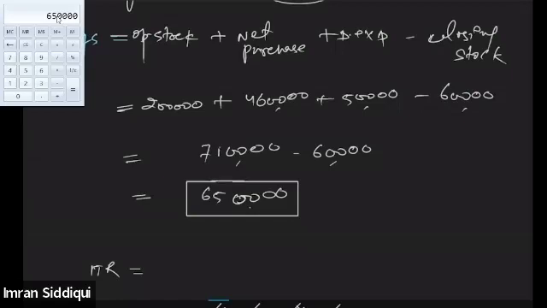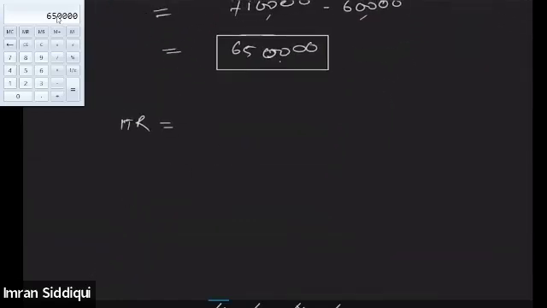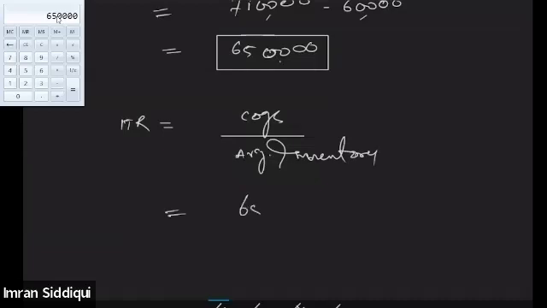Sir, but I don't know. I did 6,60,000, still got 5. Okay, let me just solve it. It will be COGS divided by average inventory. So 6 lakh 50,000 divided by average inventory.